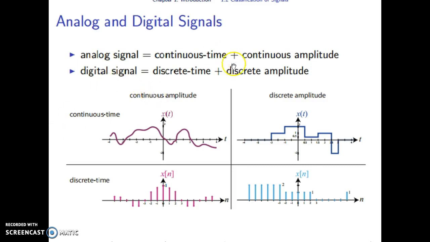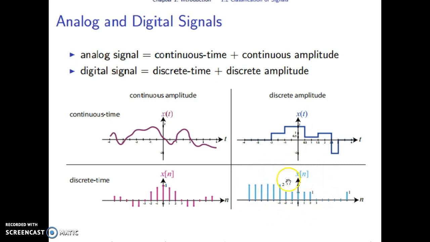So we can define an analog signal as continuous in time and continuous in amplitude. We call this an analog signal. And a digital signal is discrete in time and discrete in amplitude.